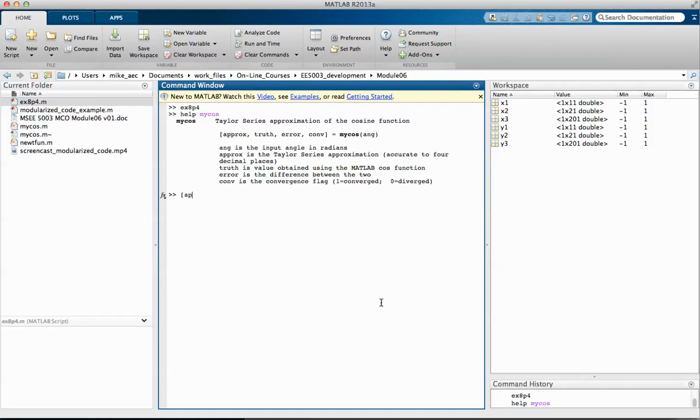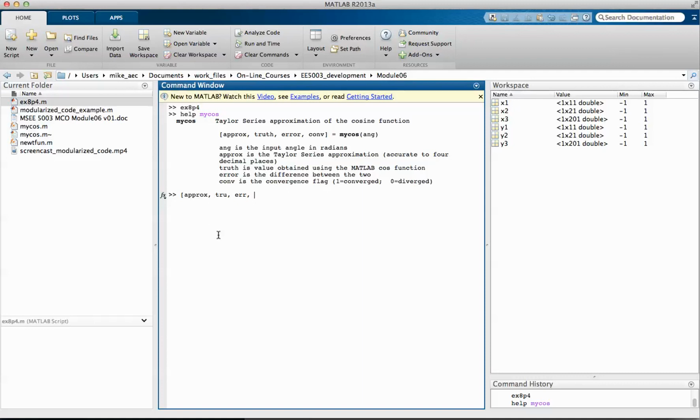And if we do an example, you'll notice that the values that you set the output to don't have to be what's in the help function, or the variables that are in the actual function itself. These are just examples. You can give the output any name you want.